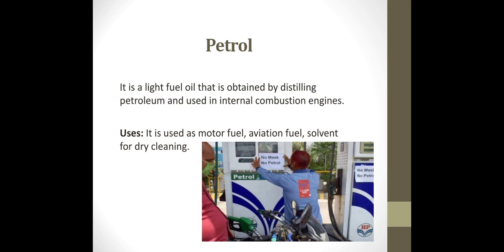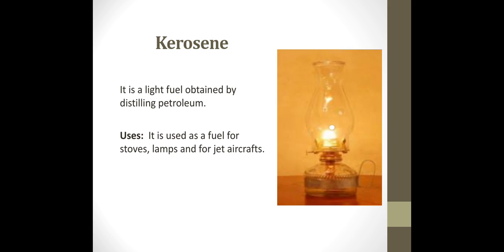Okay, now let's see the next, kerosene. We also know this as well. Kerosene is a light fuel obtained by distilling petroleum. So it is also a light fuel and it is used as a fuel for stoves, lamps and for jet aircrafts.